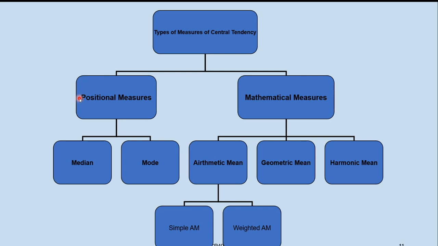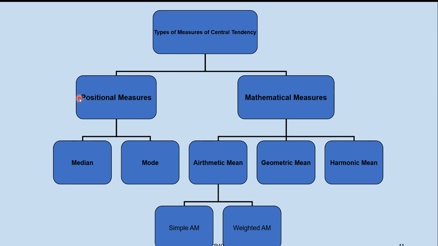Whereas mode is the most frequently occurring value. That means more number of frequencies. If more number of occurrences are there, that is mode. Median is a different concept. Median means middle, and that is exactly the middle one. So like this, we will be having positional measures and mathematical measures. We will see.